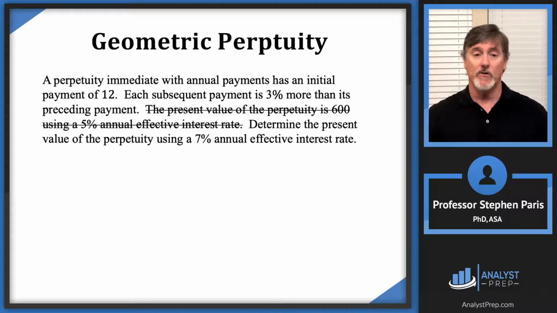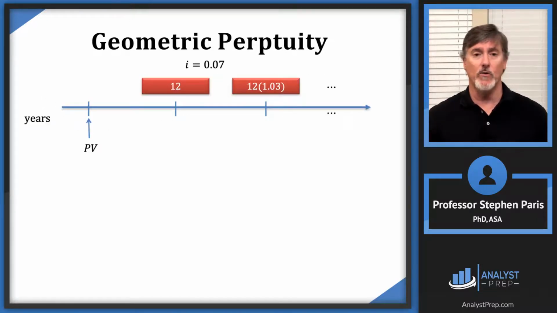So I've got a first payment of 12, the next payment is 3% more, so it's 12 times 1.03, and so forth. I'm using a 7% interest rate. Again, it's a geometric perpetuity, a two-step process. Step one, value each payment at the valuation date.